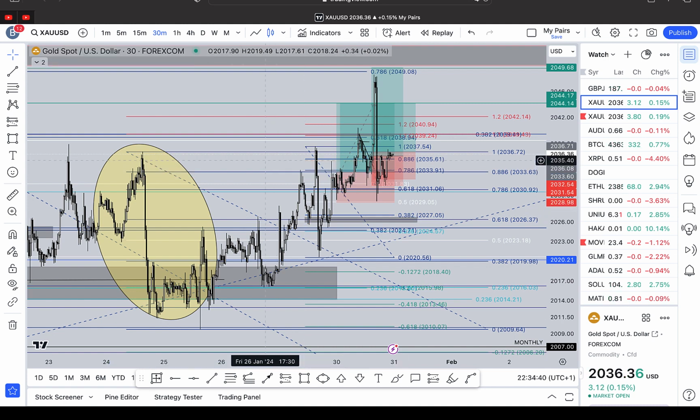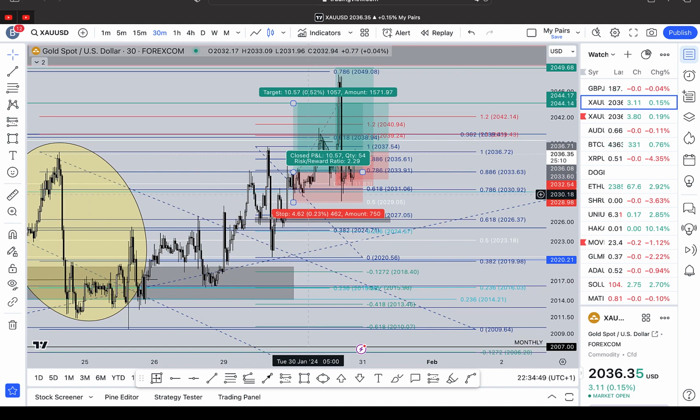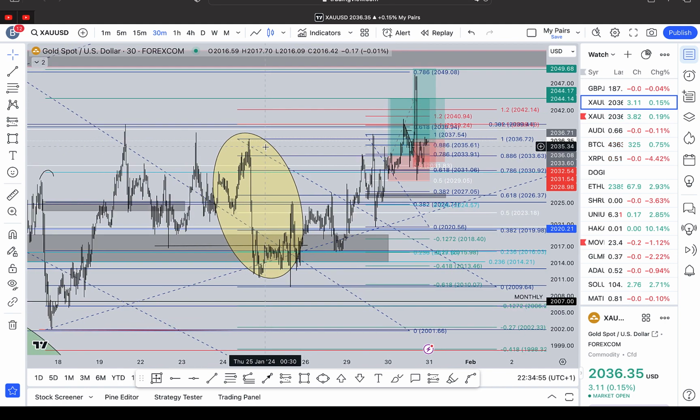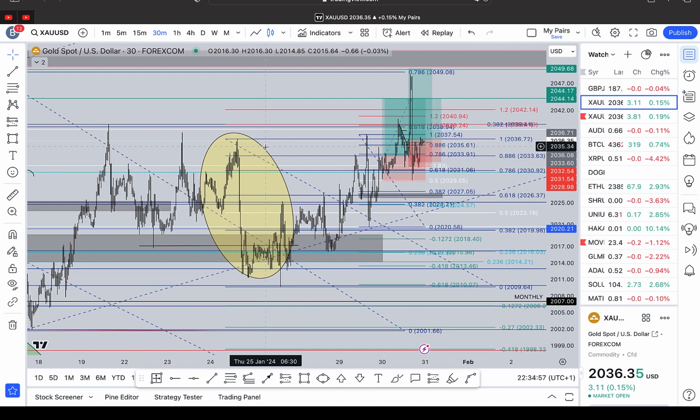Okay. So price went ahead, made that high, came down here, made this high, and then guess what? When price tested this area, remember on this area right here, we have a little bearish trend going on, right?